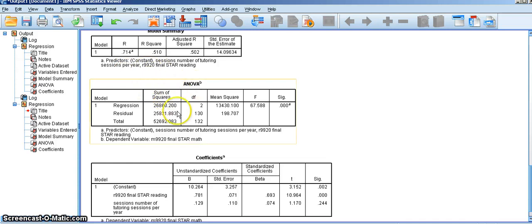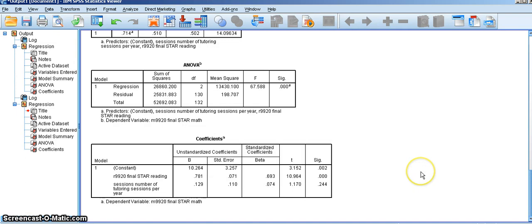Our ANOVA table tells us whether our overall model, by including those two predictors, number of tutoring sessions and the final reading score, is a significant model, whether it explains a significant amount of variability in our outcome variable, which was the final math score. Under the significance, we can see that that is a significant one. So we can continue on and see if our individual predictors are significant.